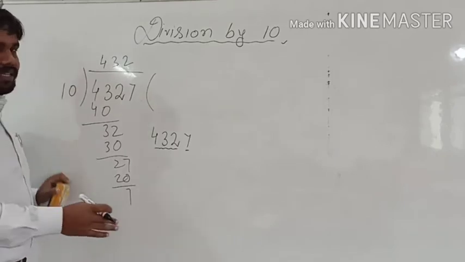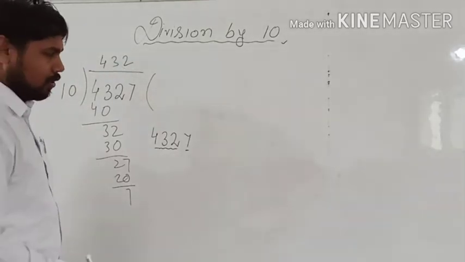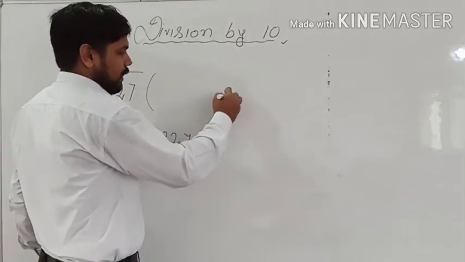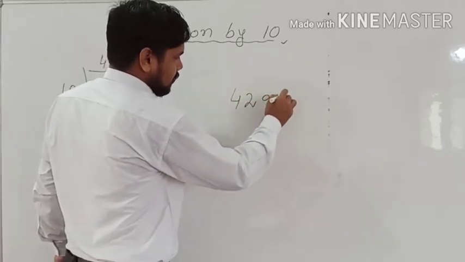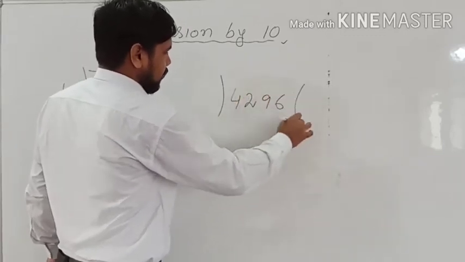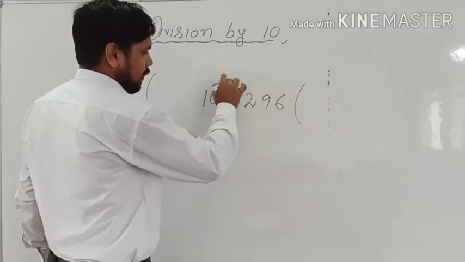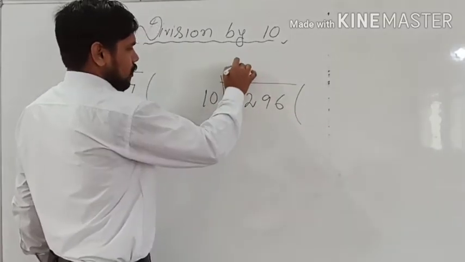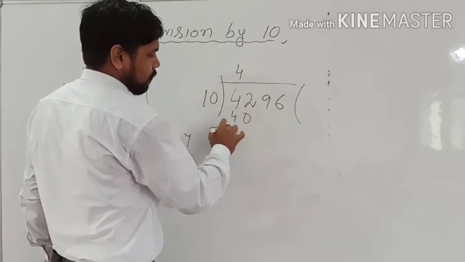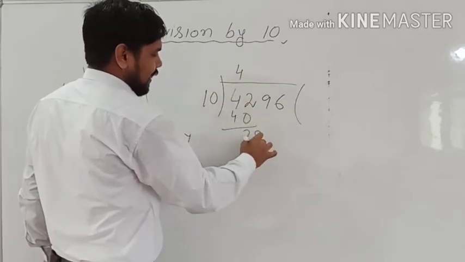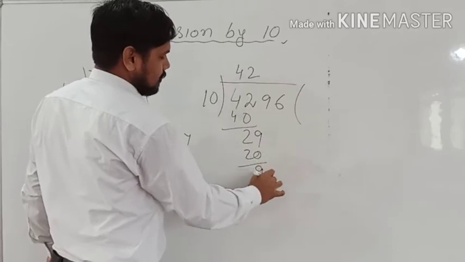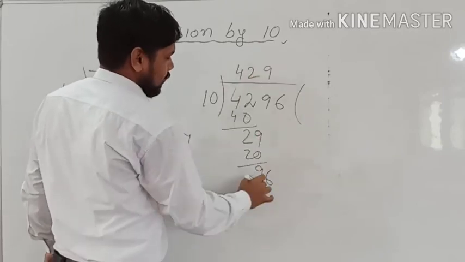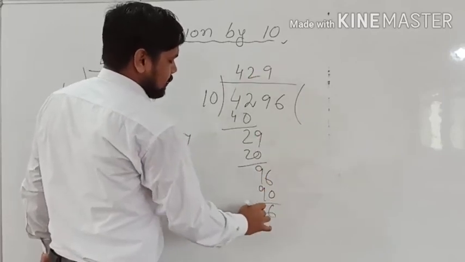Let us take one more example. Is it coming the same or not? Another example I am taking is 4296. Divide this by 10. So again 10 4 are 40. Then 2 9, 10 2 are 20. 9 6, 10 9 are 90, and 6 is the remainder.